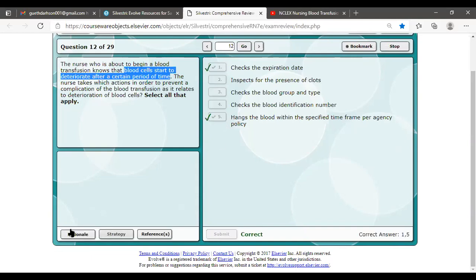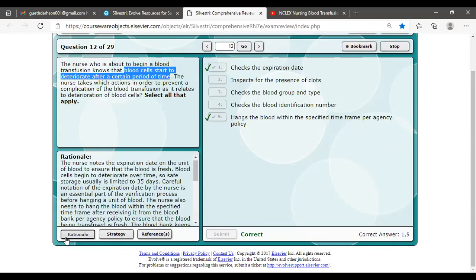Let me read their explanation of what they said. The nurse notes the expiration date, and blood cells begin to deteriorate over time. So safe storage usually is limited to 35 days.